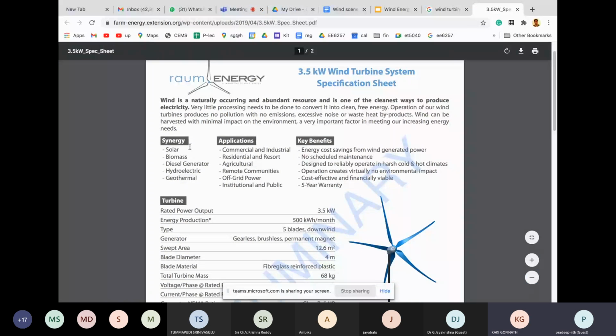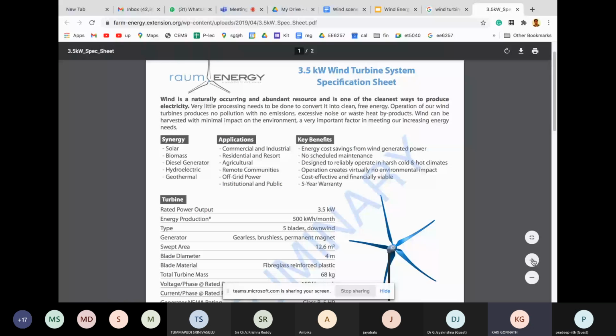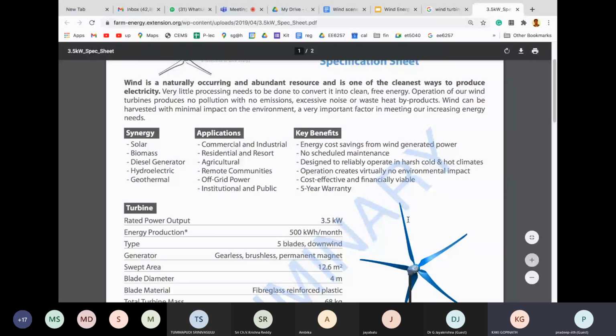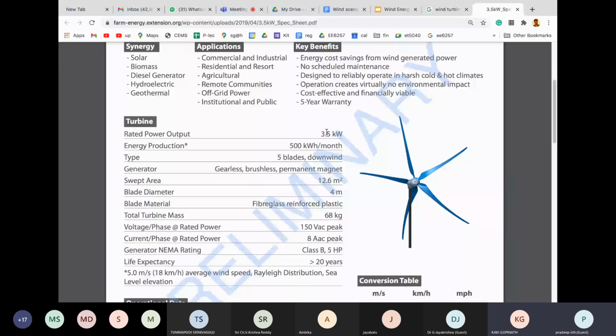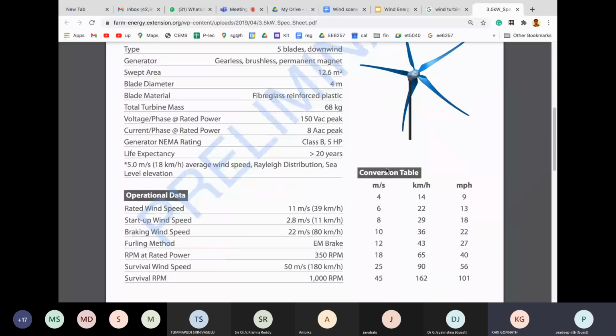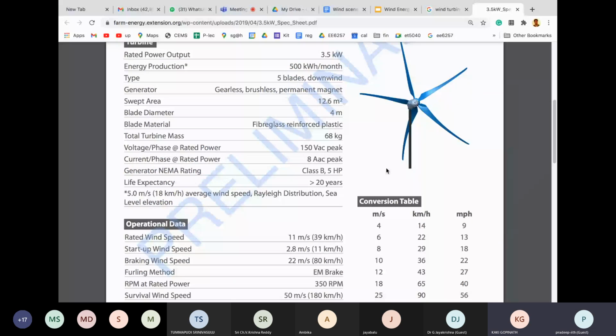Now, here our output is 3.5 kilowatt. Okay. And the area is 12.6 and blade diameter is 4.